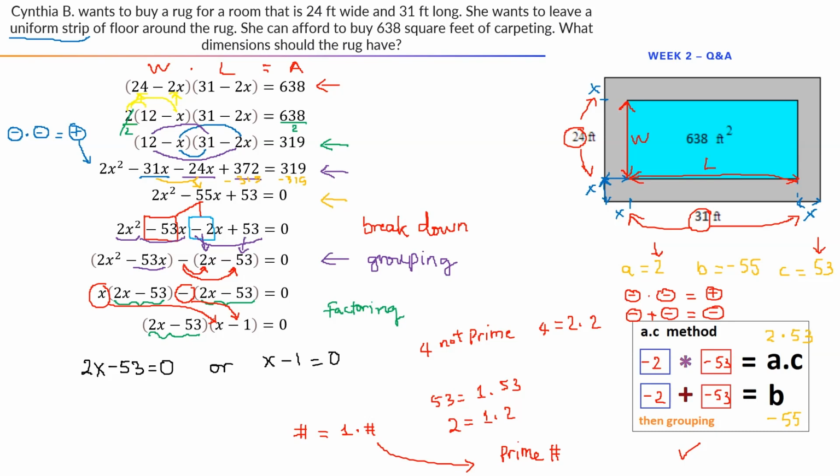So on this side, add 53 to both sides. 2x on the left hand side, 53 on the right hand side. Divide by 2 on both sides. This one is 1, so x equals 53 over 2. And this one is about 26.5.